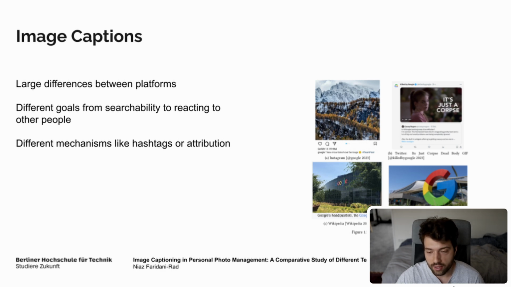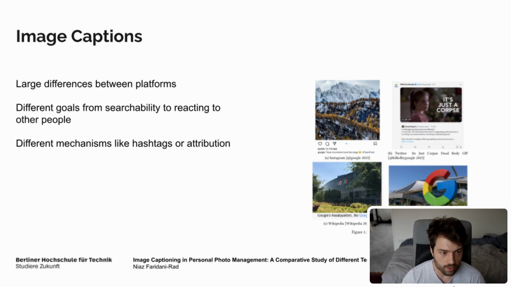And they do image captions for accessibility purposes. Wikipedia is the classic example. It's very factual. Okay, what's on the image? I'm just going to describe that. And when you look at news sites, they usually are also factual, but they also have this thing of attribution within it. So as you can see, a lot of different ways to create image captions.